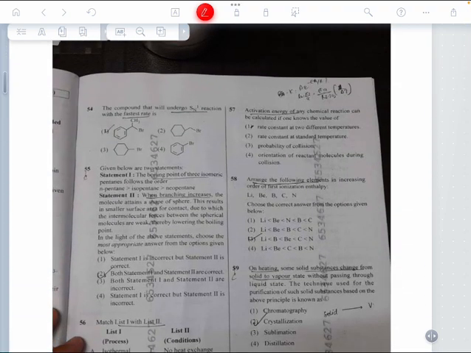Now if I look at the next question, the compound that will undergo SN1 reaction at the fastest rate. Now see, SN1 reaction rate is directly proportional to stability of carbocation. Now if I look at the carbocation that is being formed, if I remove Br from here, positive charge will be on this carbon, and in the next option positive charge will be here, in the next option positive charge is here, in the next option positive charge is here.